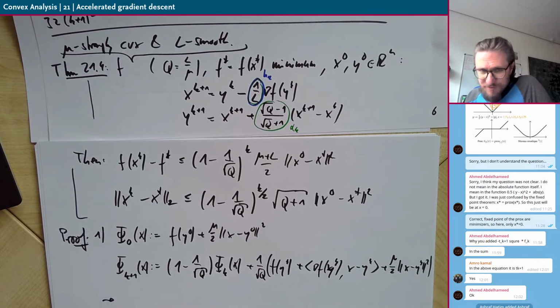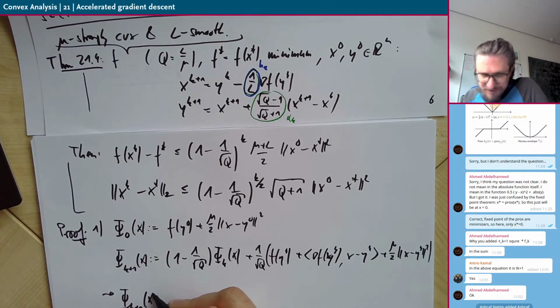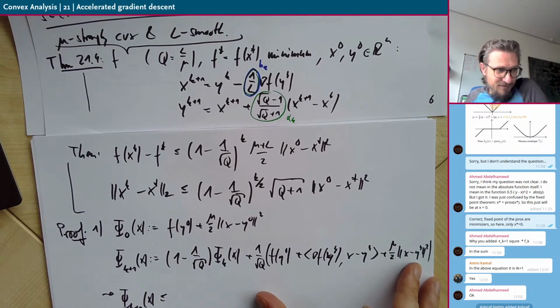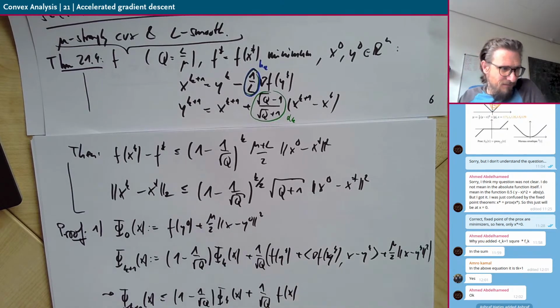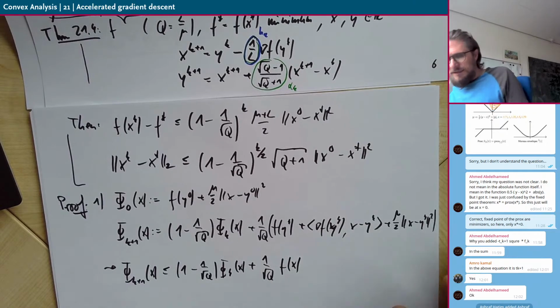Because f is mu strongly convex, we can get that phi_{k+1}(x) is bounded from above. So I think this guy here just gives you an f(x), right? So we have this smaller than (1 minus 1 over square root of q) times phi_k(x) plus 1 over square root of q times f(x). Okay, that's the first step.